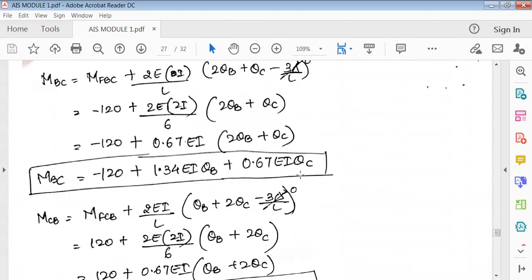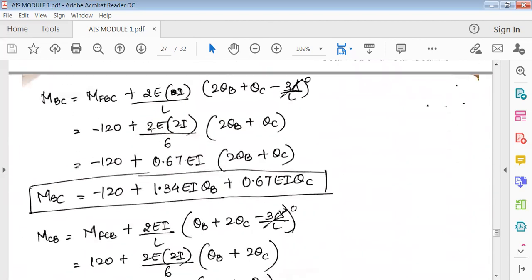So you have to substitute here 2EI into 2 times I divided by length. Theta B and theta C are both simple supports here, so both exist. Only the settlement term tends to 0. Finally we're left with this equation. So this would be the third equation.